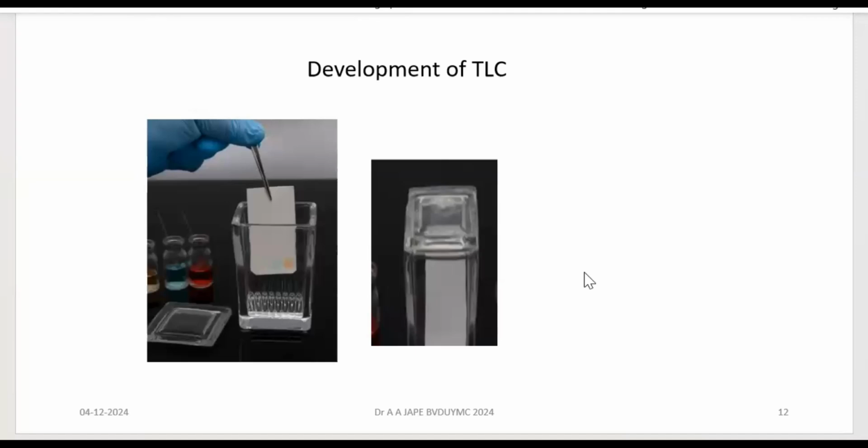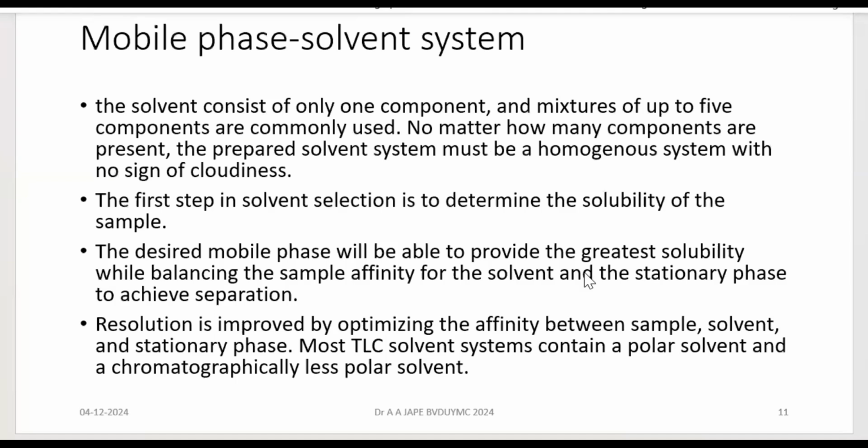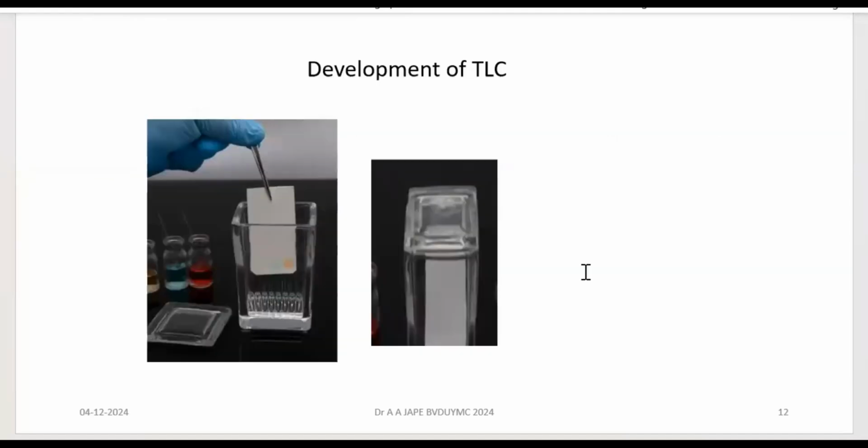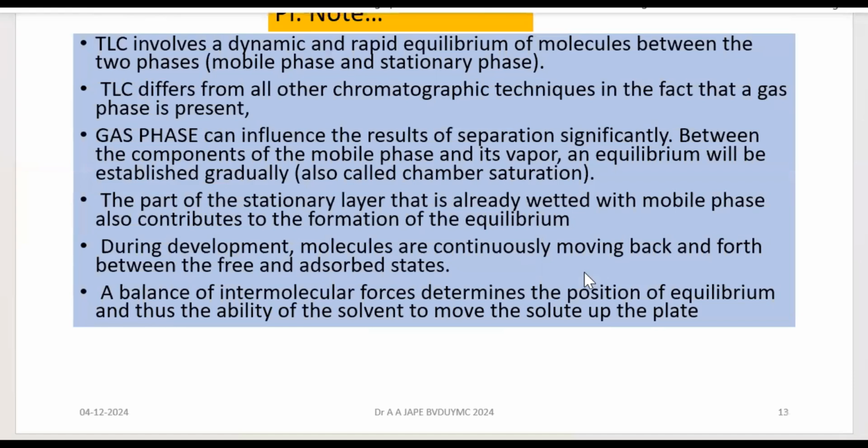So, going to the next part of the TLC, to summarize the mobile phase solvent system, the solvent consists of a mixture of solvents that you have to choose, which will be stable and which is going to have a good partitioning effect. A good partition coefficient would be generated.